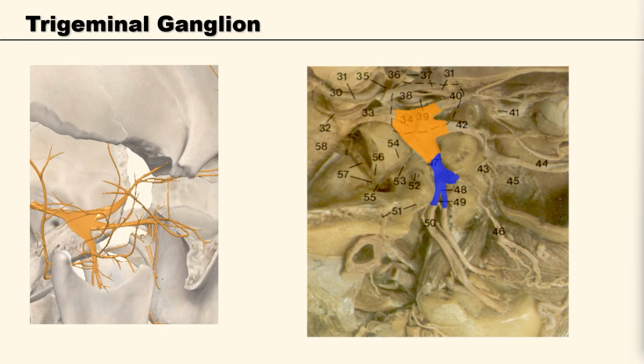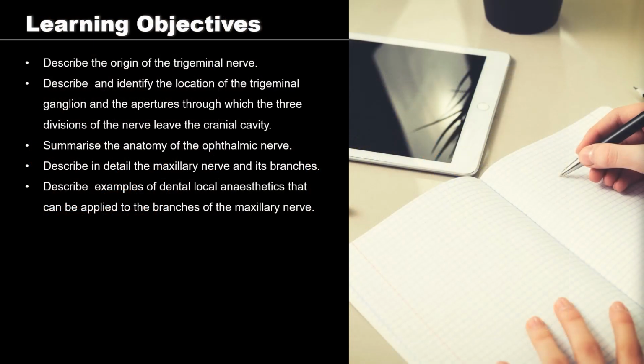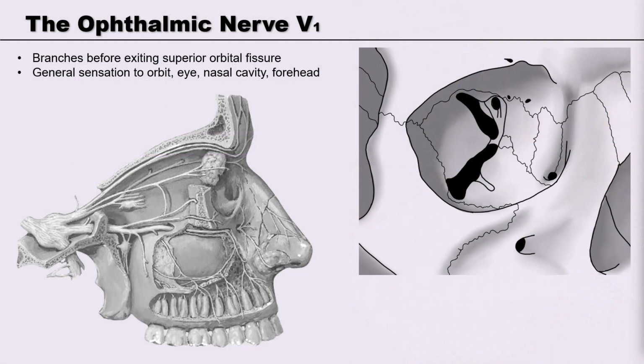So let's move on and look at the ophthalmic nerve. The ophthalmic nerve emerges from the trigeminal ganglion and runs forward through the middle cranial fossa towards the orbit. Just before reaching the superior orbital fissure, V1 starts to split into its various branches, and they all leave the cranial cavity through this superior orbital fissure.